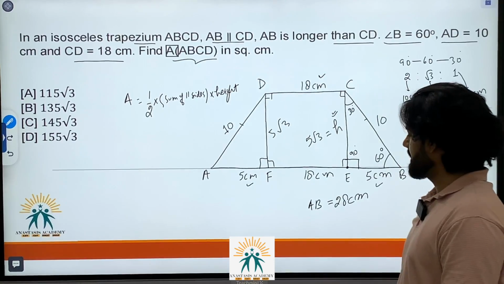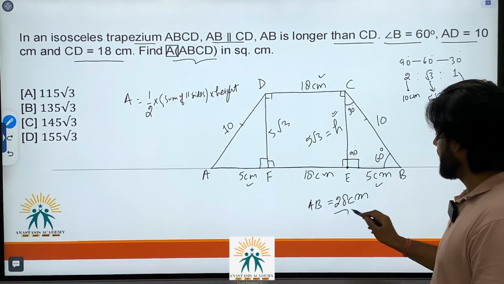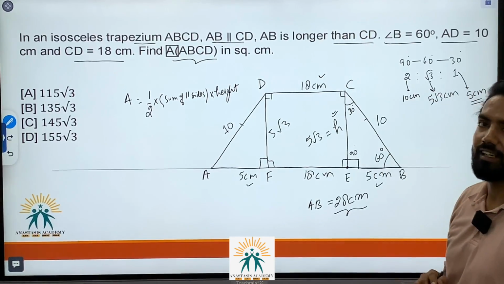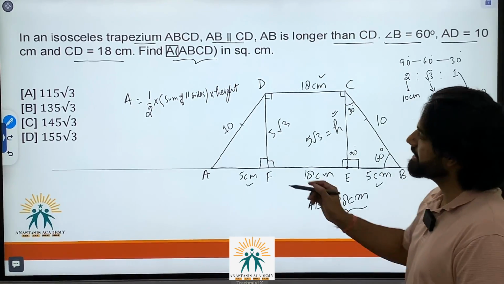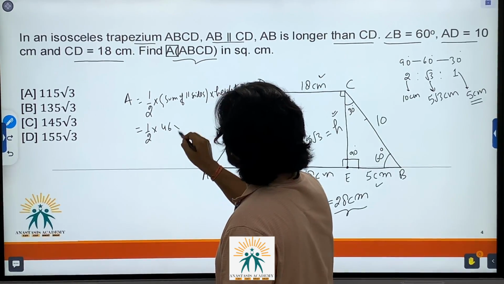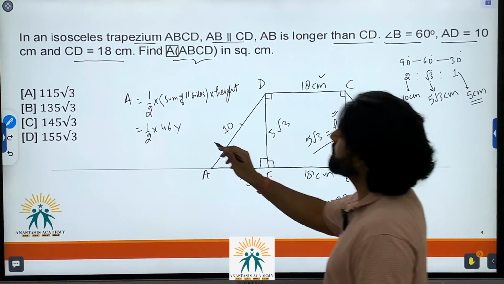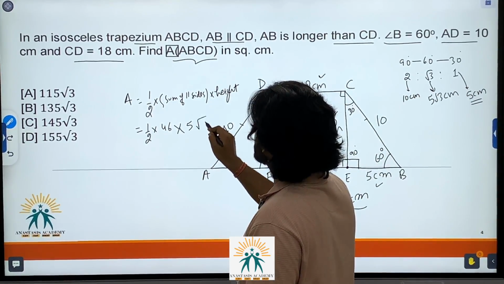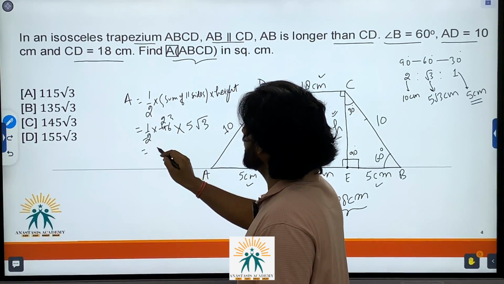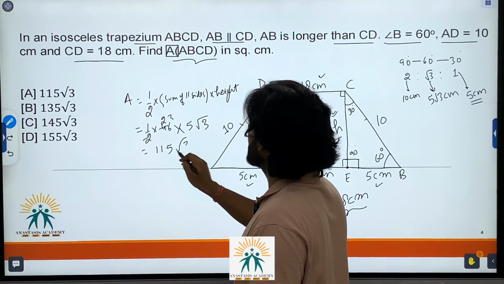Just place the values. The sum of parallel sides would be 28 plus 18, that is 46. So it becomes 1 by 2 into 46 into height, and height is 5 root 3. So it is multiplied by 5 root 3. It becomes 23 into 5, which is 115 root 3.